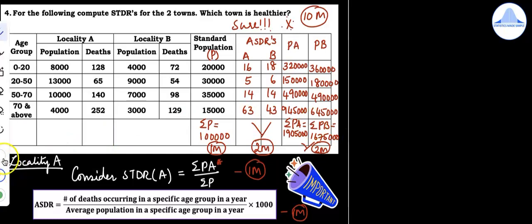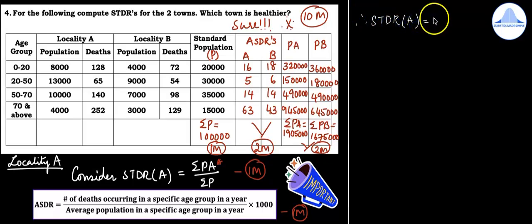Now let us go back and calculate STDR for both the localities. Therefore, STDR of A is equal to 19,05,000 divided by 1 lakh.